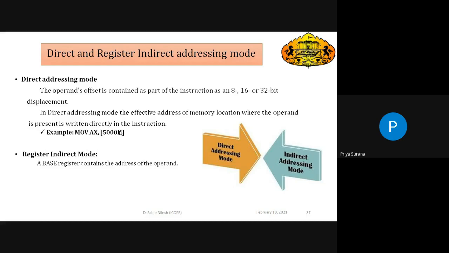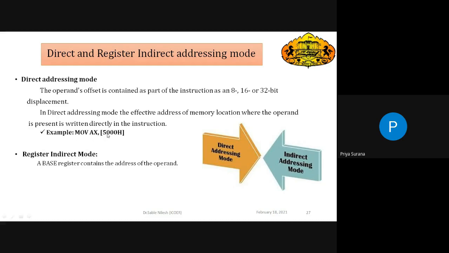In direct addressing mode, the effective address of the memory location where the operand is present is written directly in the instruction. That is, the memory location is specified as an operand. But remember the basic thing: if a memory location is specified, data is supposed to be taken from that address and then it can be used for the instruction.